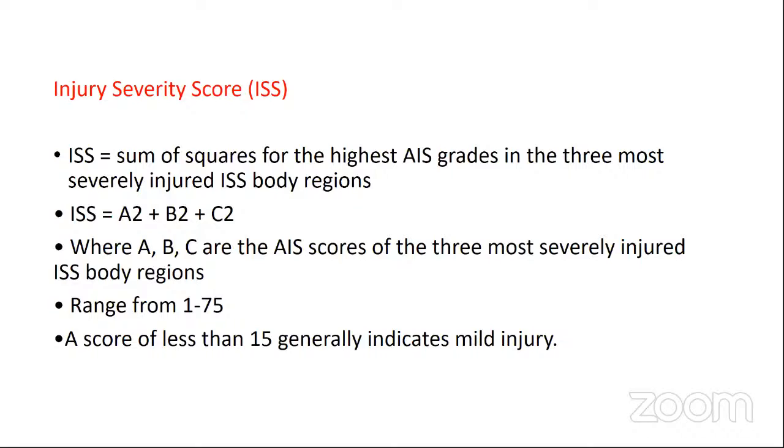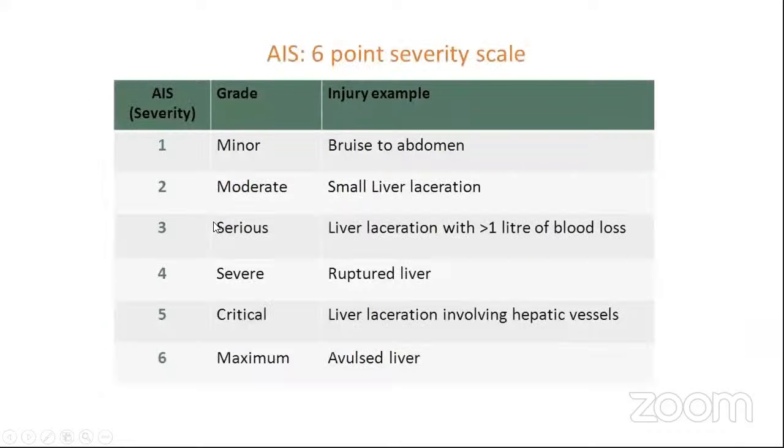ISS from the AIS: ISS is the sum of squares of the highest AIS grades in the 3 most severely injured ISS body areas. So here we have multiple areas.